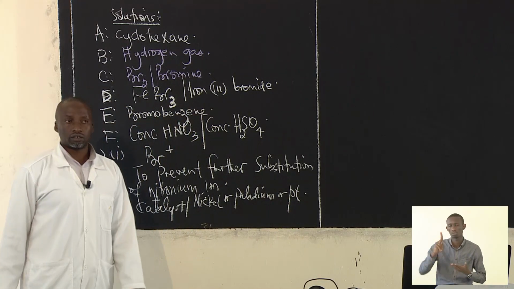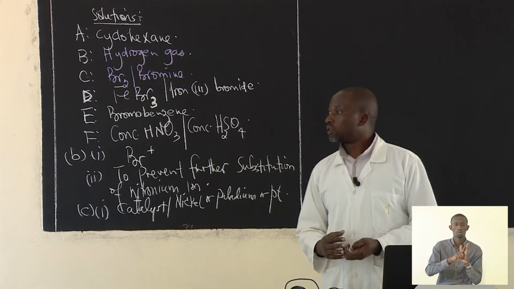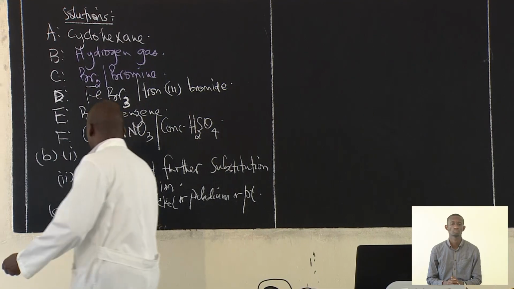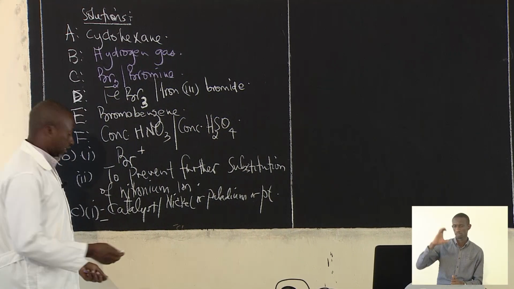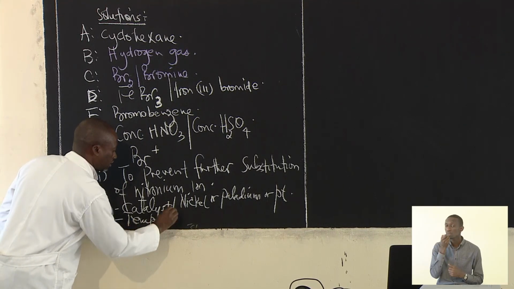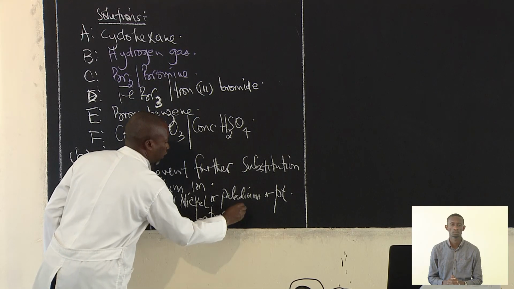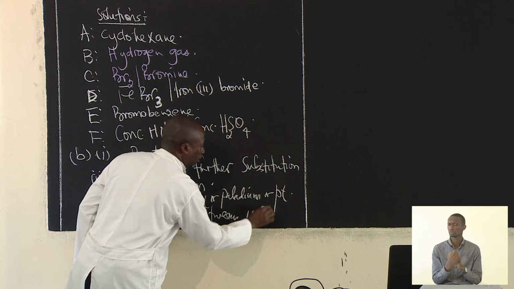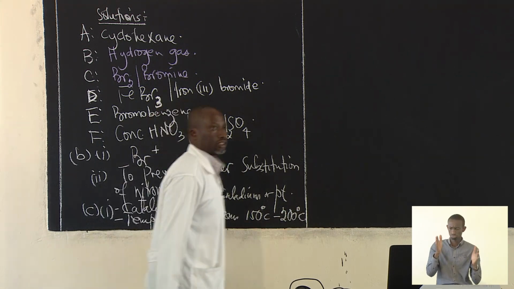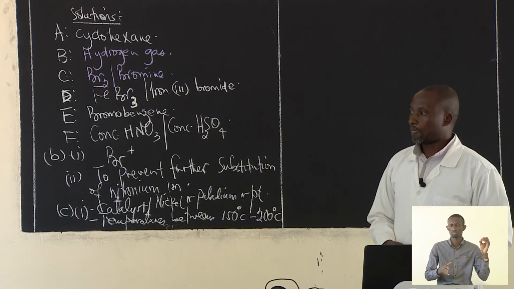So that is the condition for the reaction for A to form. So you have the catalyst, and then you have the temperatures between 150 degrees Celsius to 200 degrees Celsius. Those are the conditions for this reaction to occur.